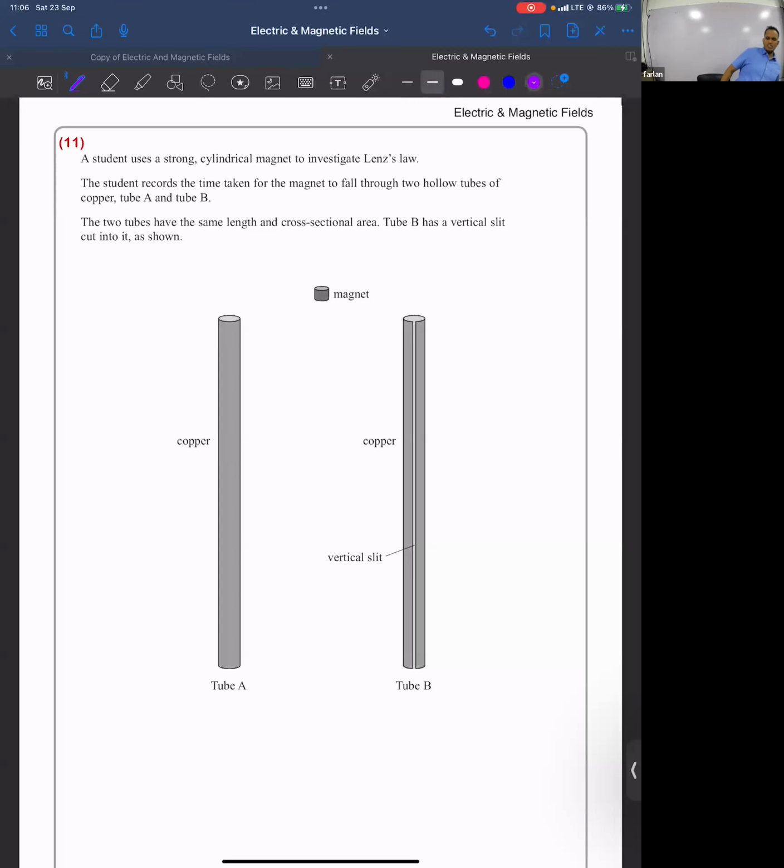Right, listen guys, a student uses a strong cylindrical magnet to investigate Lenz's law.